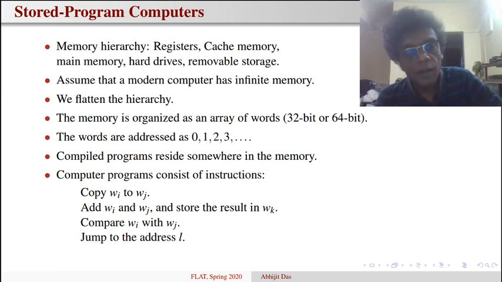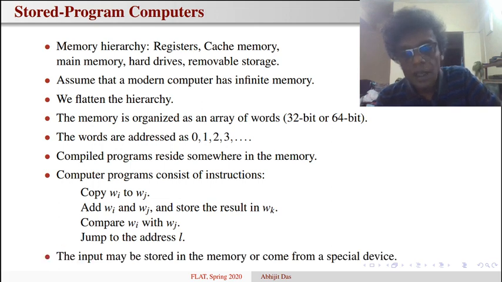You cannot have an infinite number of basic instructions like this. And what about the input? It may be stored in the memory itself, or it may come from a special device like your keyboard.